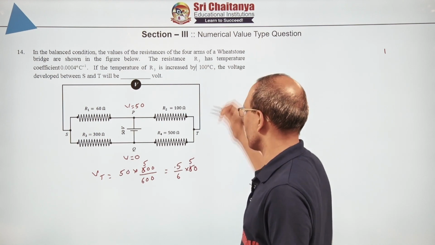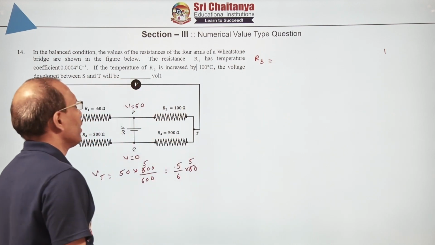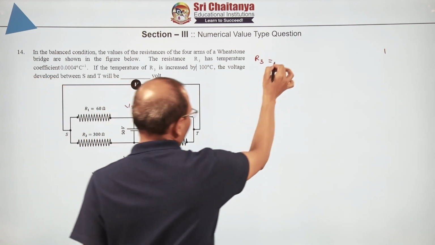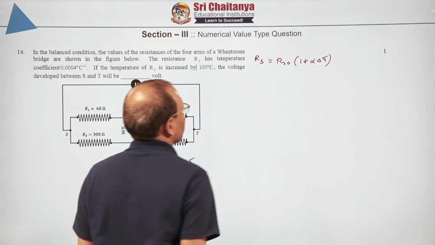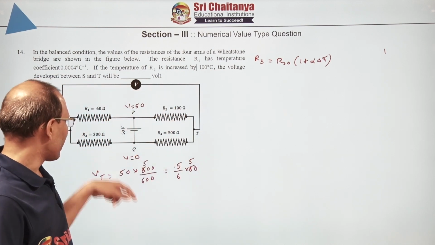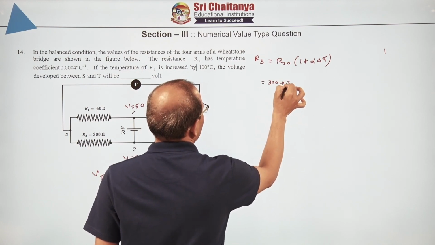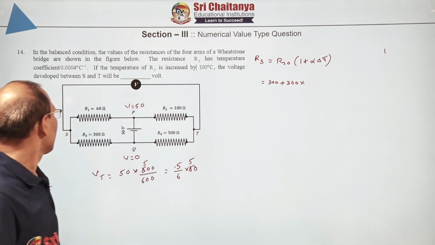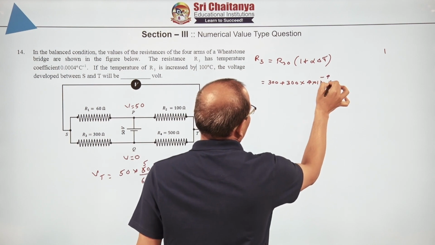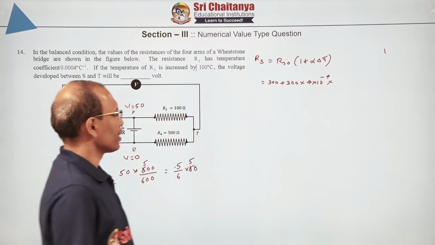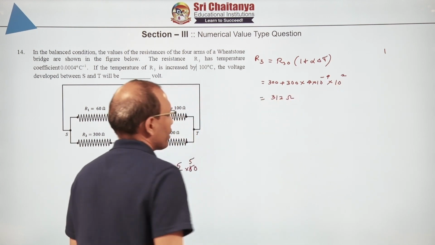The value of R3 is given by R3 equal to R3 naught into 1 plus alpha delta T. So this is 300 plus 300 into alpha, which is 4 into 10 power minus 4, into delta T, which is 10 power 2. That comes out to be 312. So this is R3 now.